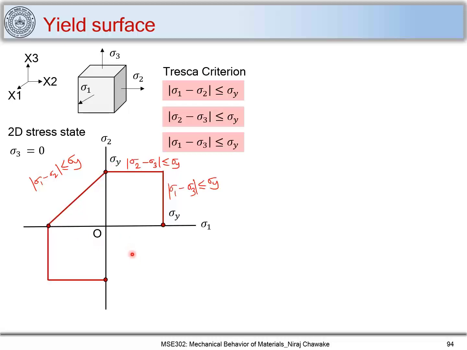Similarly, you get the same relation between sigma 1 and sigma 2, the straight line over here. So this is a yield surface which is defined by using Tresca criteria.